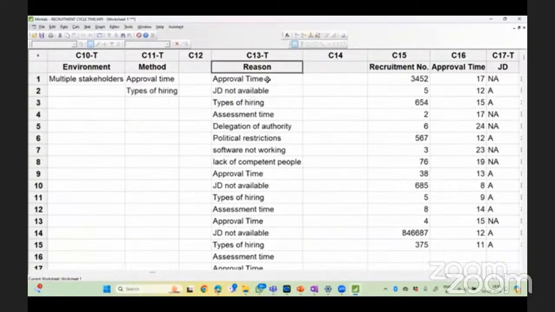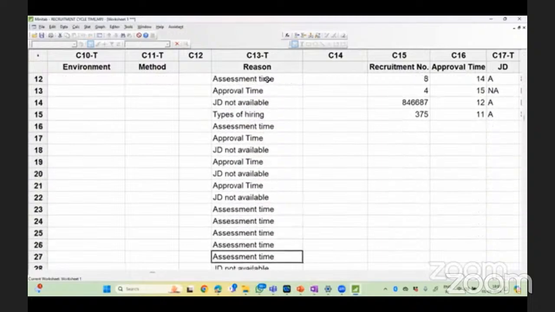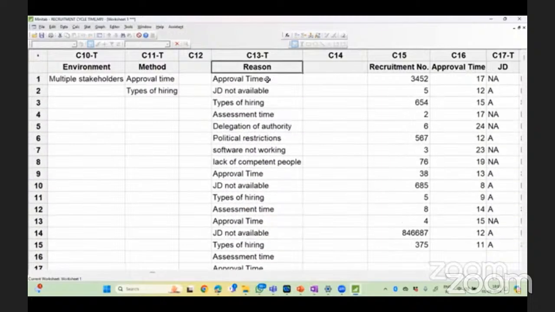The first recruitment got delayed because of approval time. The second got delayed due to job description not available. The third got delayed due to 2 reasons: types of hiring, a special type of hiring it was, and assessment time was too high. So we write down all the reasons, and some of the reasons will keep appearing again and again, more times.